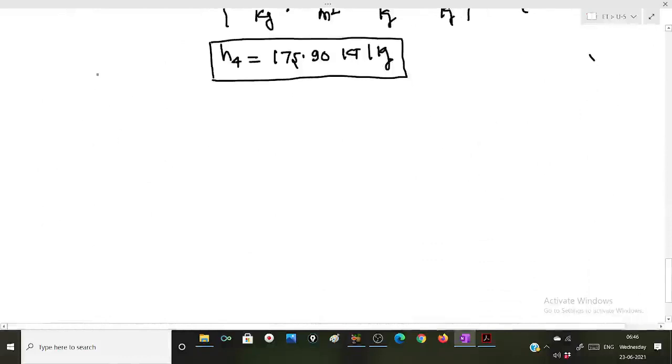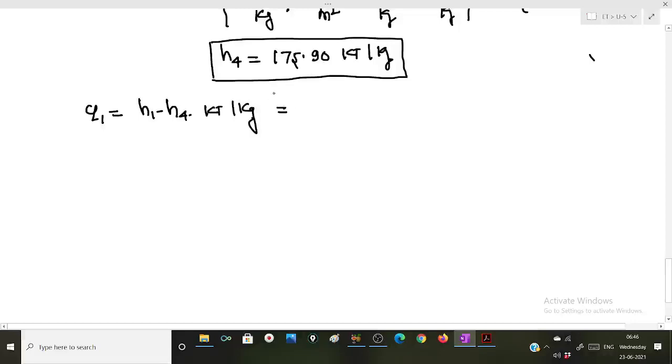Let us calculate Q1. Q1 is nothing but H1 minus H4, that is heat supply in the boiler.